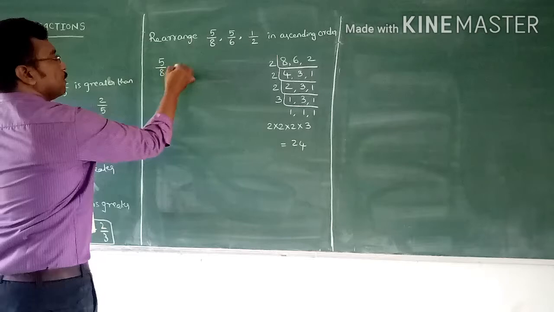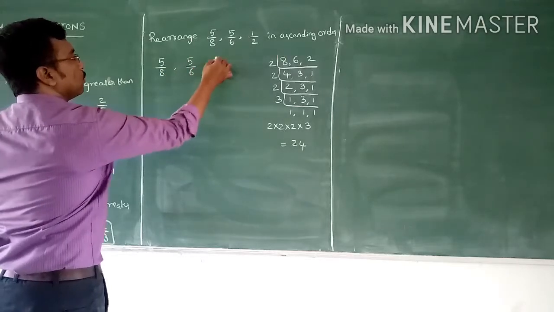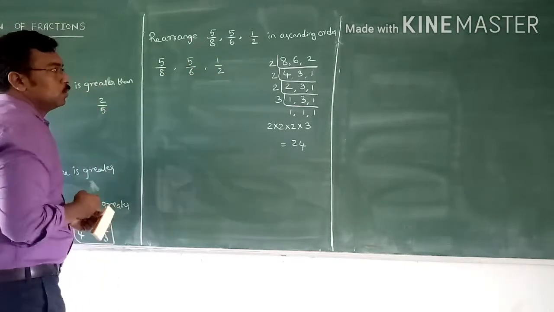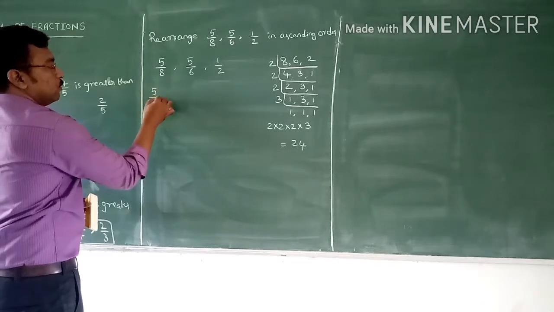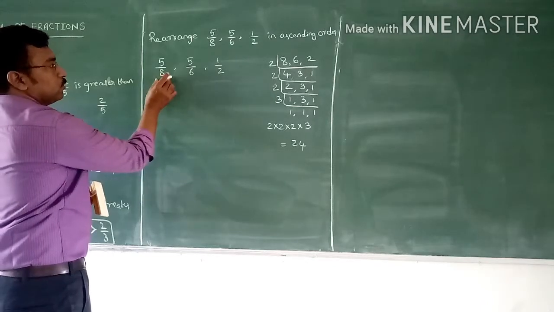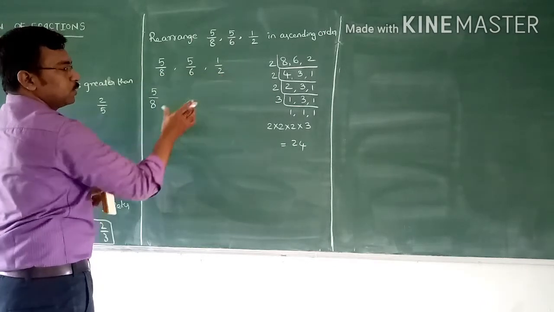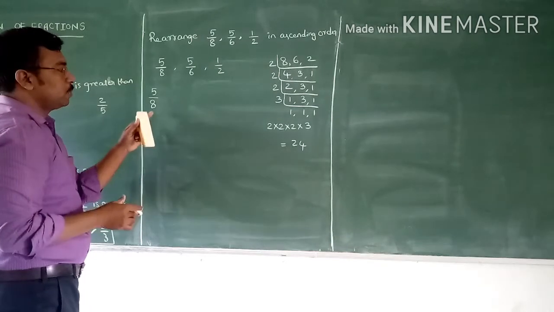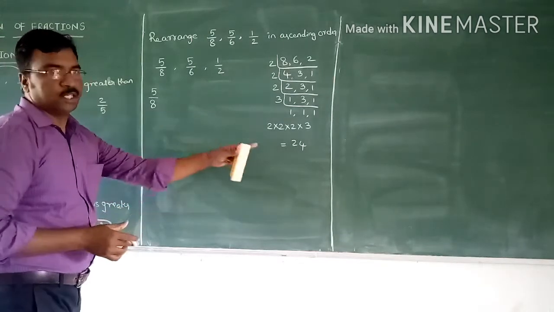5 by 8, 5 by 6, 1 by 2. So we have to convert these unlike fractions into like fractions. So the denominator has to come 24.